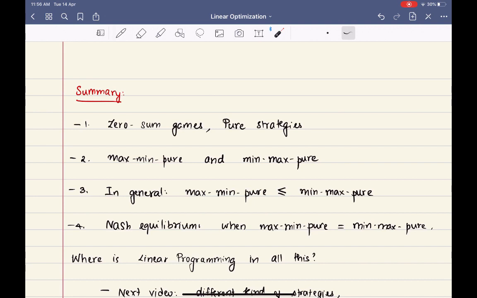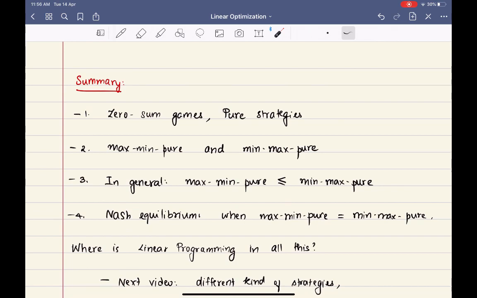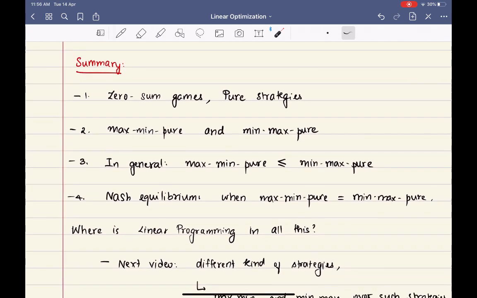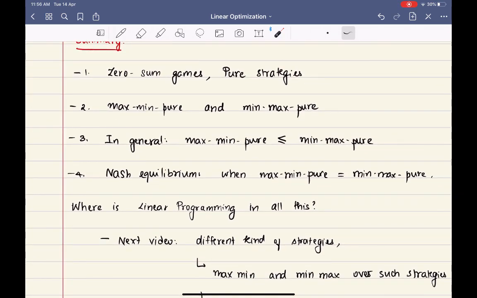Okay, so where is linear programming in all this? So far there was no linear programming, but in the next video we will see different kinds of strategies, where max can choose different numbers with different probabilities. Similarly, min can choose different numbers with different probabilities.